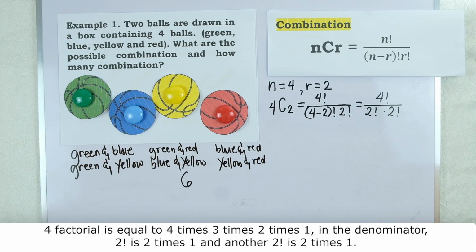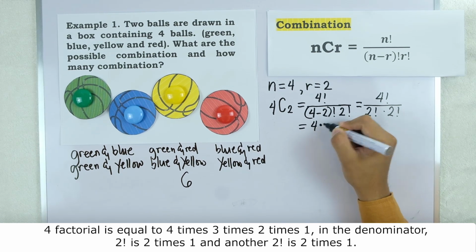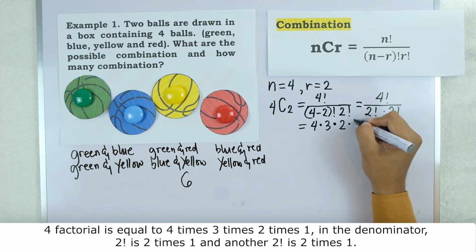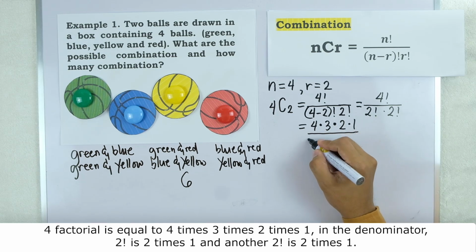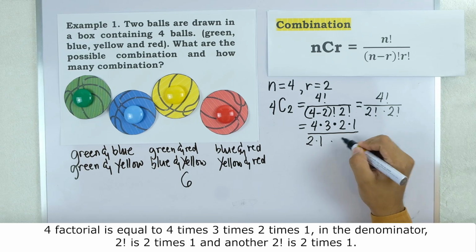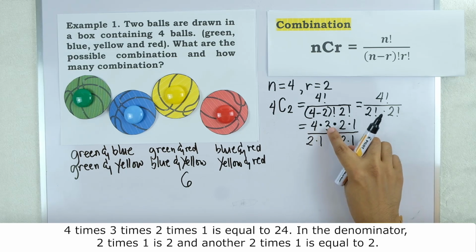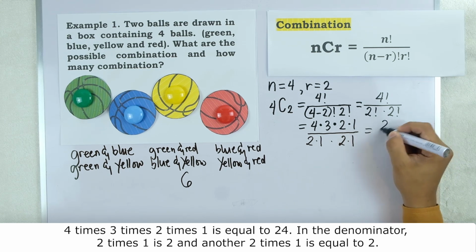4 factorial is equal to 4 times 3 times 2 times 1. In the denominator, 2 times 1 and another 2 factorial, 2 times 1. 4 times 3 times 2 times 1 is equal to 24.